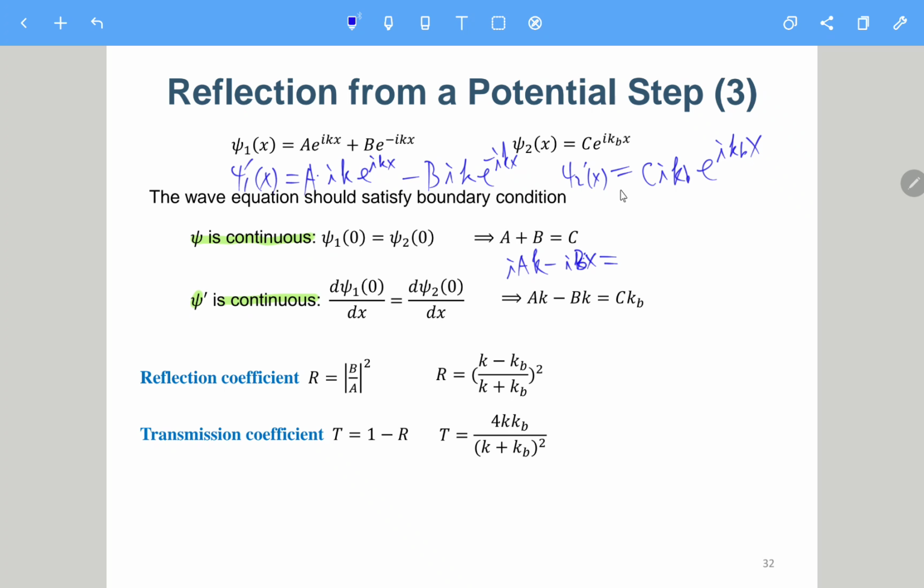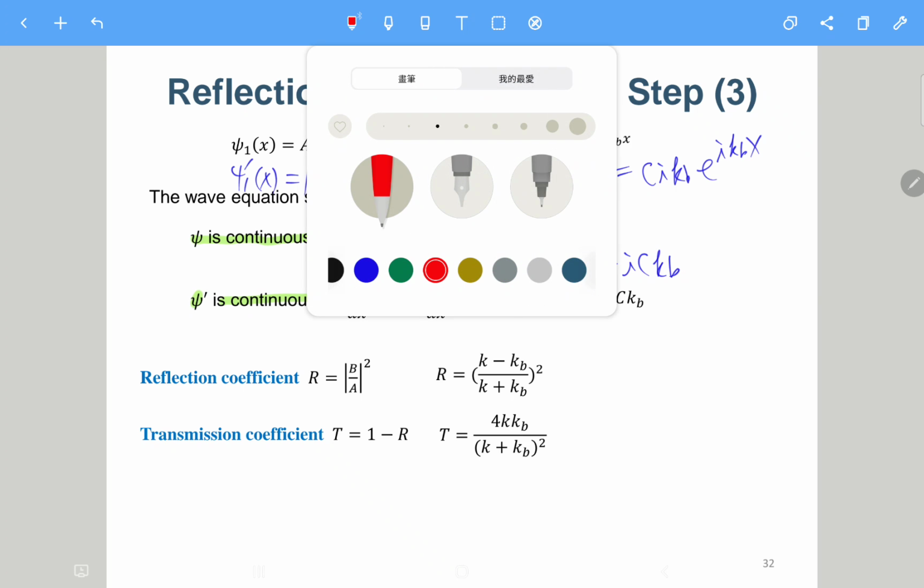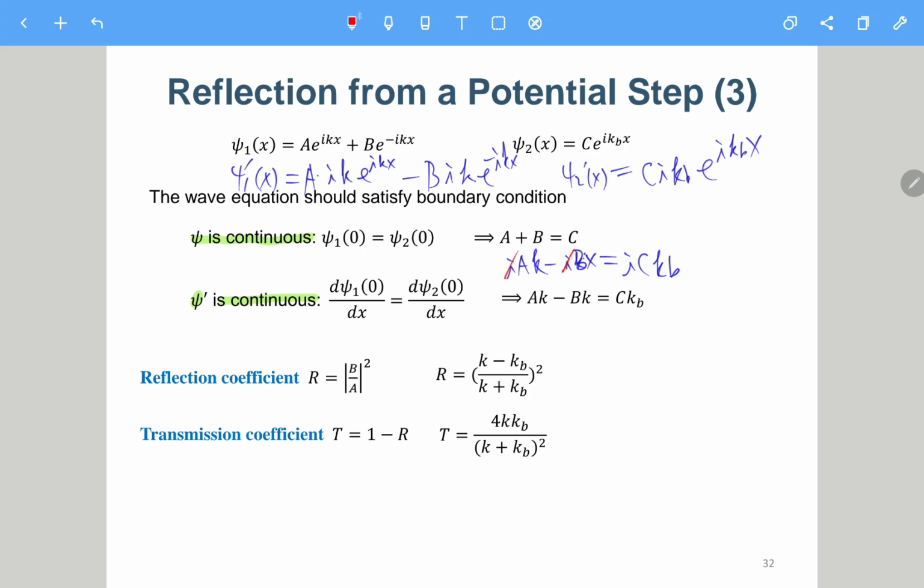If we take x to be 0, this one is 1, we have ickb. So i can be cancelled. We only have ak minus bk equals c times kb.